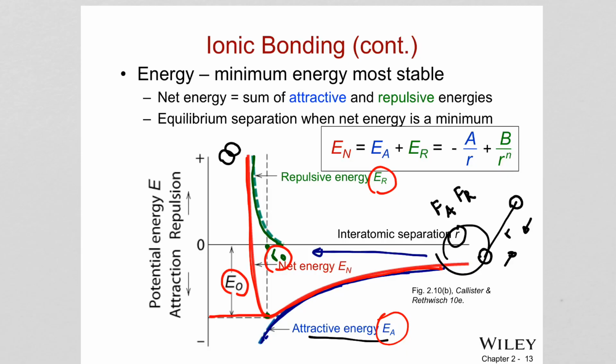The potential energy E naught at equilibrium is a measure of the bonding energy, or the energy that is required to dissociate the atom pair, to separate the ions. But the atoms will not be able to approach closer than R naught because of the repulsive forces.